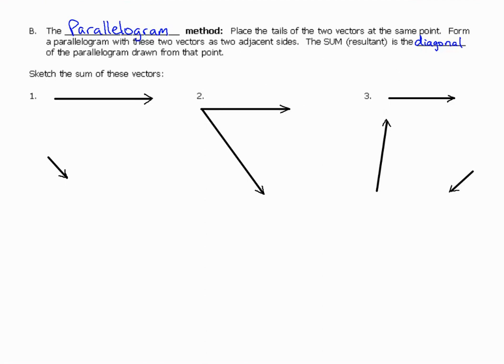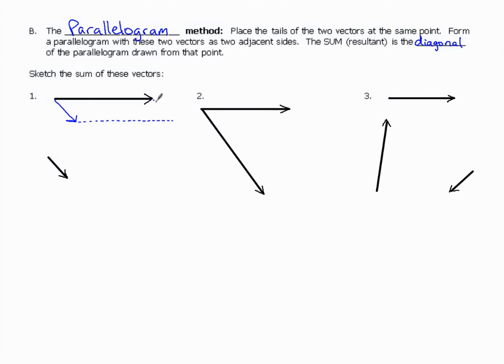So here's what we're going to do. We're going to take this vector and put it right here. We need to place the tails of the 2 vectors at the same point. So then what we're going to do is draw a parallelogram. I'm going to use a dotted line. So this is very approximately the length of this vector.